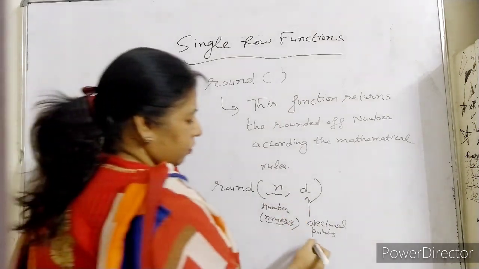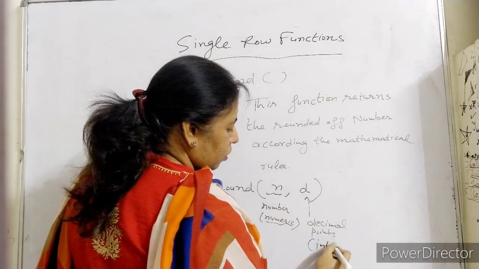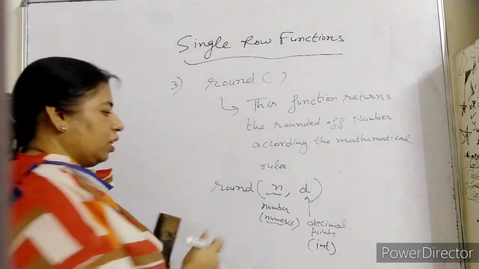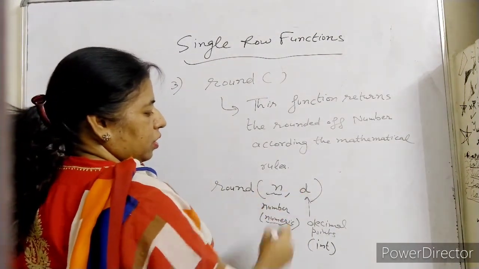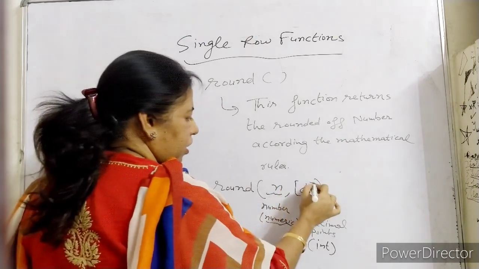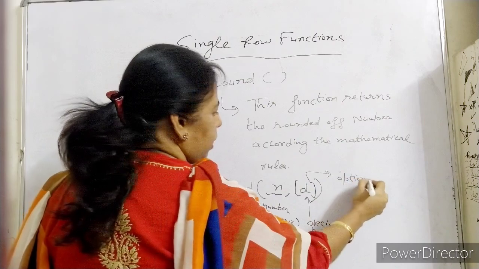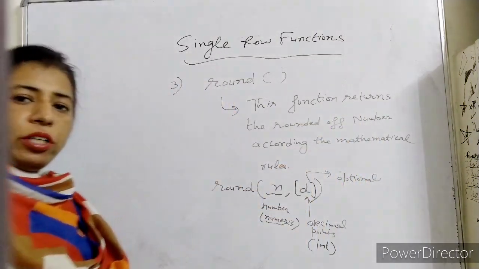This is the integer number you have to give here. Clear? Two parameters are there. First is the number, second is decimal points, and this part is optional. You can skip the decimal points also.